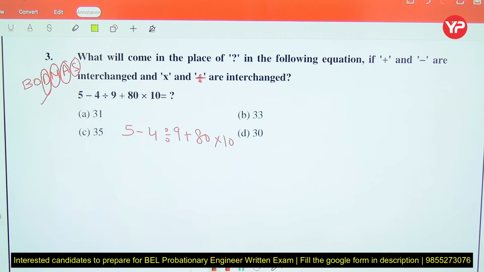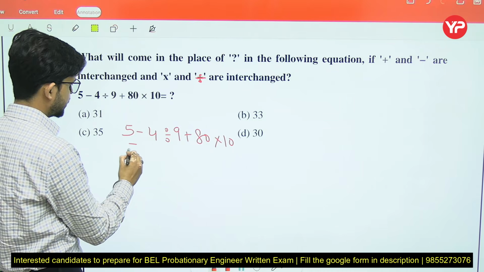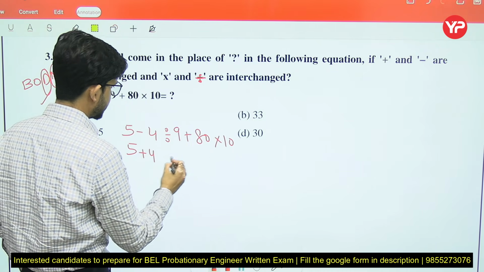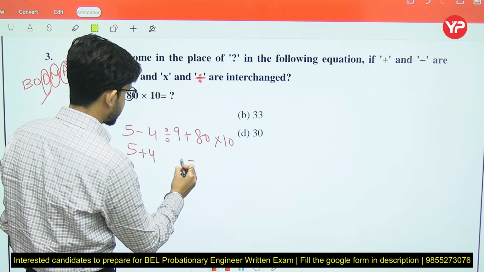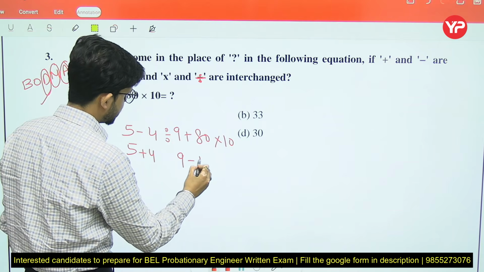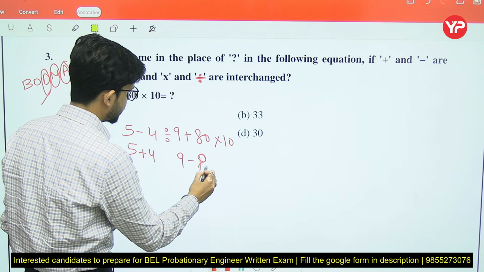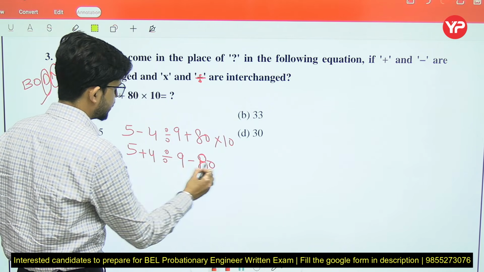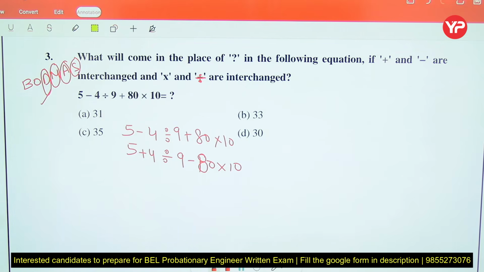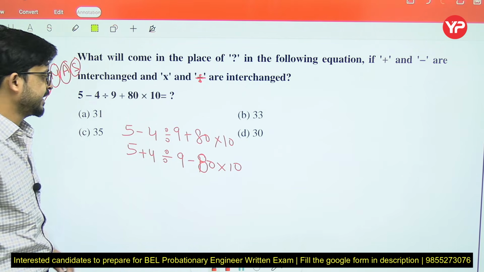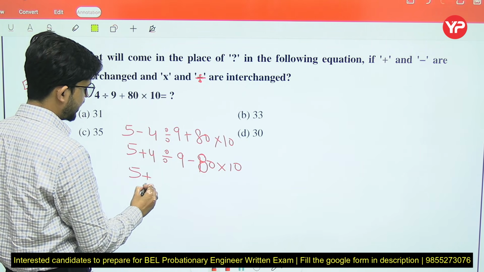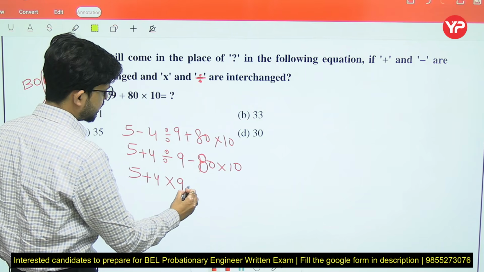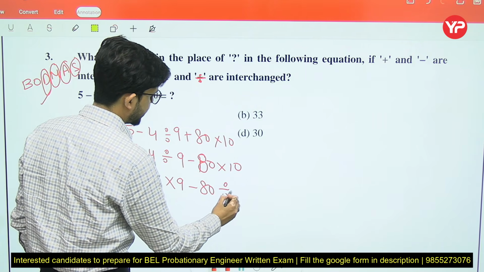First of all, interchange plus and minus: where there is plus we make minus, and where there is minus we make plus. Now interchange multiply and divide. Where there is divide we make multiply, and where there is multiply we make divide.